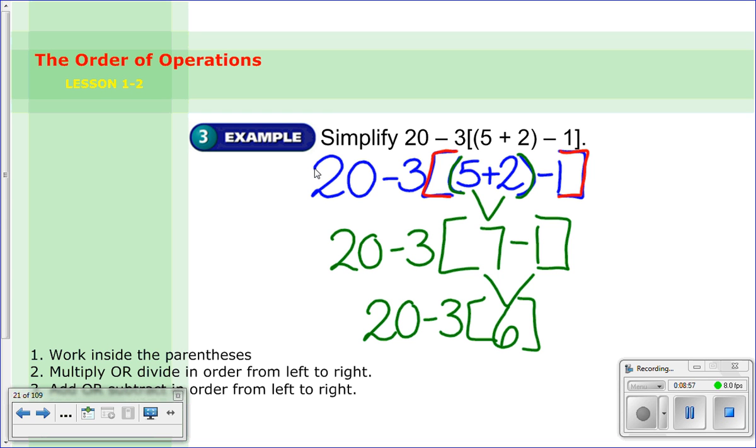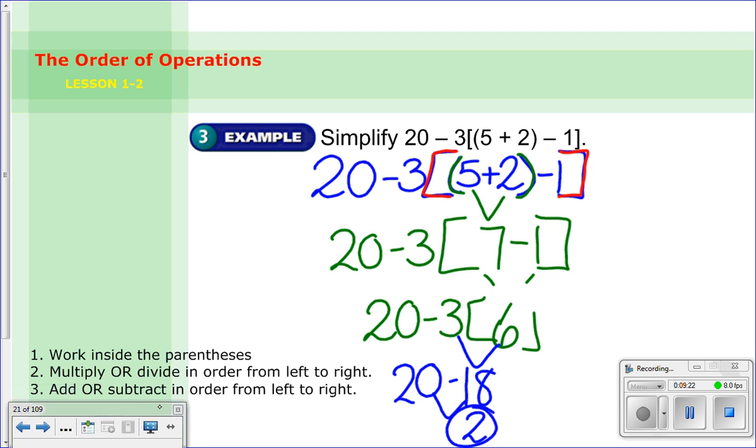And what ends up happening here is whenever you have the bracket and the number on the outside, it means to multiply. So 3 times 6 is 18. And I'm going to rewrite it. 20 minus that 18, well, we're down to the 3rd step, add or subtract. We get 2. Our answer for this one is 2.